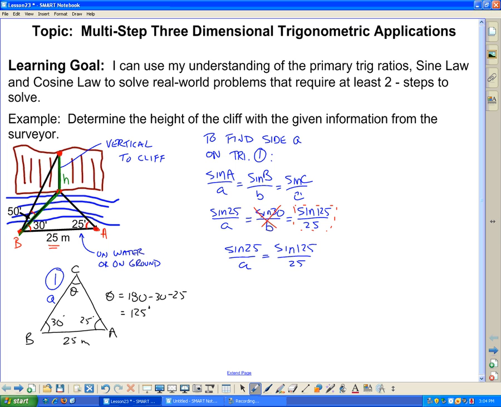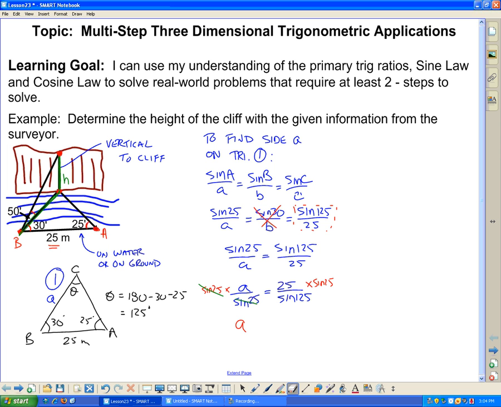Doing the inverse reciprocal here, I'm going to flip both fractions to make it easier to solve for A. So A over sine 25 equals 25 over sine 125. Lots of 25s there just to make it a challenge. Multiplying both sides by sine of 25 to isolate for A. Again, we do that for reciprocal purposes, or inverse purposes.